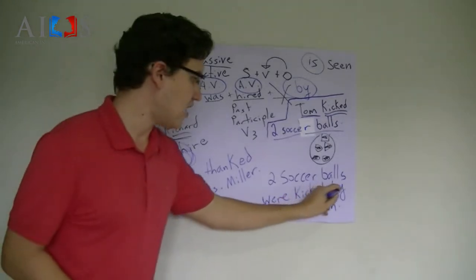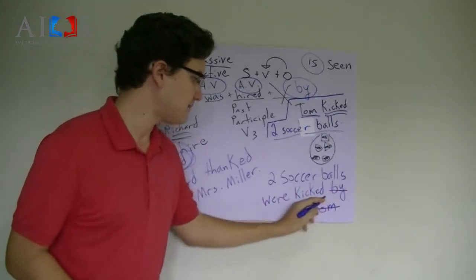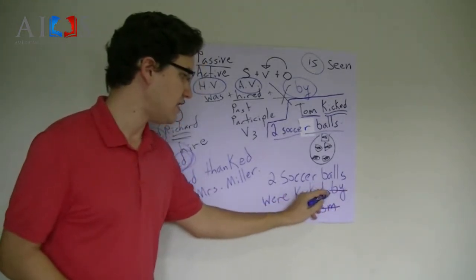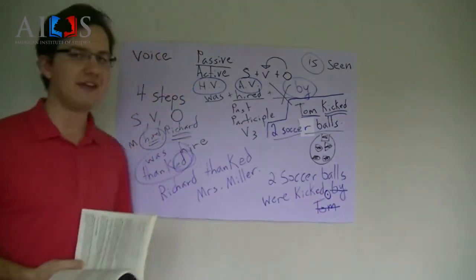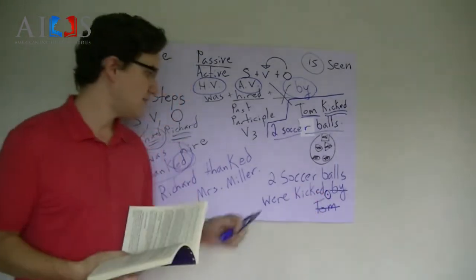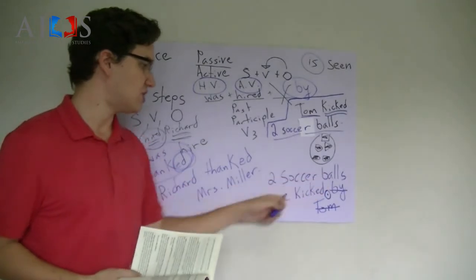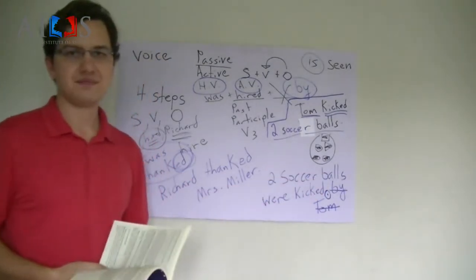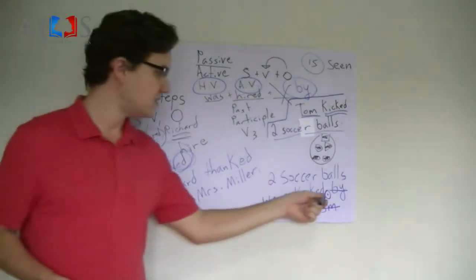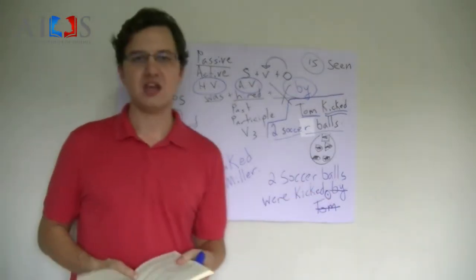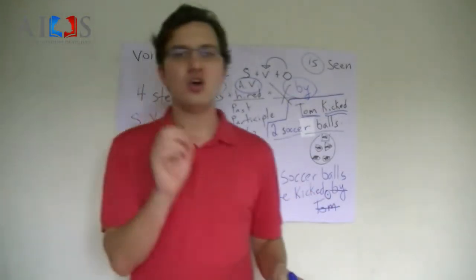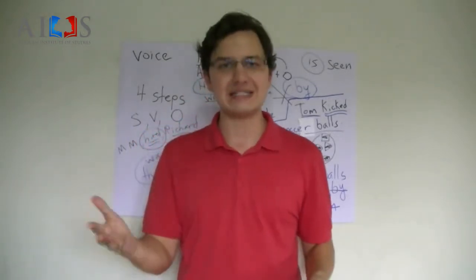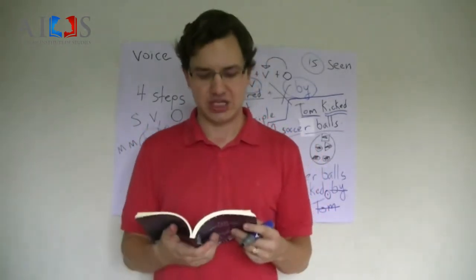We can cut out by Tom, add our period here, and we still have a complete sentence. Subject, 2 soccer balls, and the verb, were kicked. Complete sentence, ending punctuation. You don't have to say who or whom or what is doing the action.